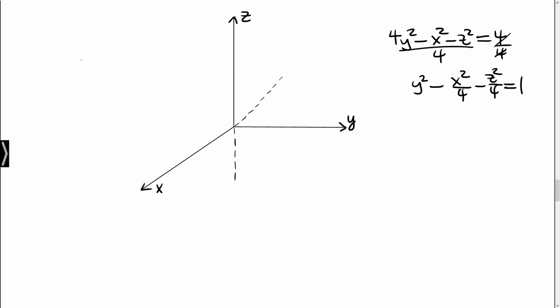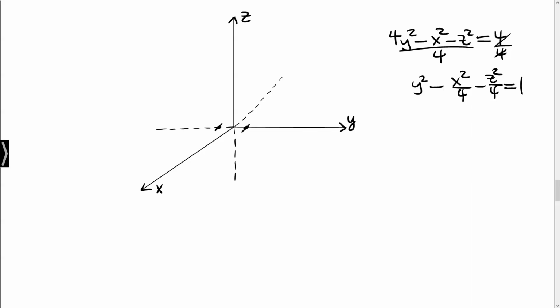Well, we would need x squared plus z squared to equal 0, and that'll happen when y squared is equal to 1, which is going to be at y plus or minus 1. So both pieces are going to start opening up at y equals 1 and minus 1. Should go this way. And so it's just going to be a single point there.